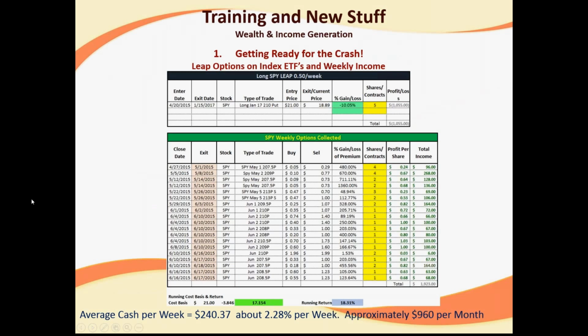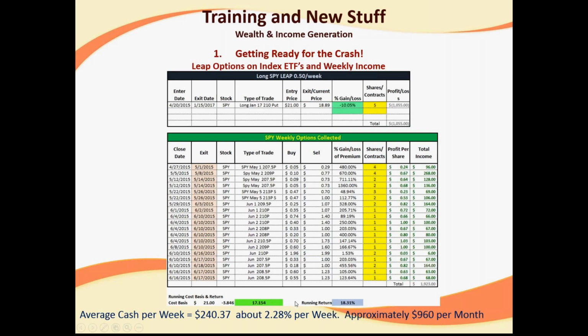One of the things about strategy number 3, which is the wealth and income building, which I really like, is basically taking a long-term LEAP type option in the index ETFs and then selling weekly premium against it. As you know, as of today, we bought this S&P 2015 LEAP because I think that between now and January 2017 the market is going to correct and go down.